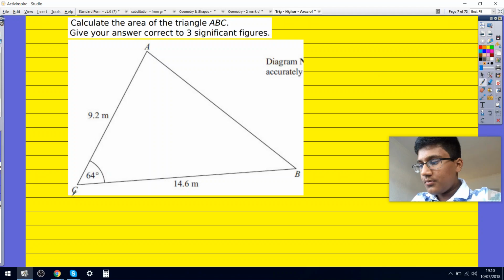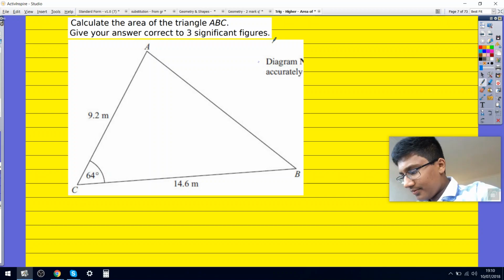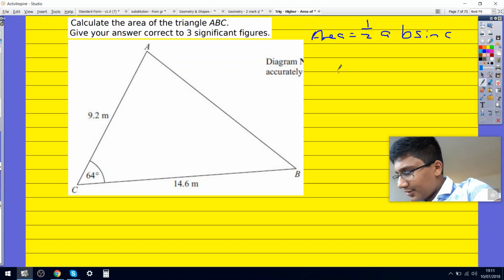Okay, I'll draw that quickly. So the formula is half AB sine C, and that equals a half times 9.2 times 14.6 times sine 64.